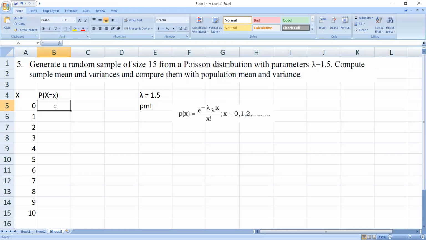Do one. So now the Excel code to generate the Poisson distribution is POISSON, x comma mean. We know that mean is lambda, and then cumulative if you want to generate the cumulative probabilities.